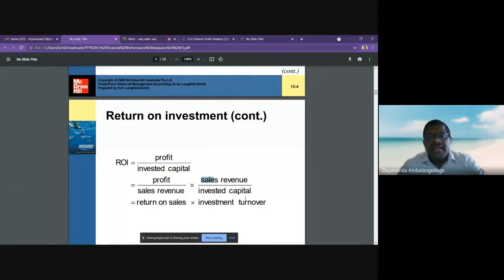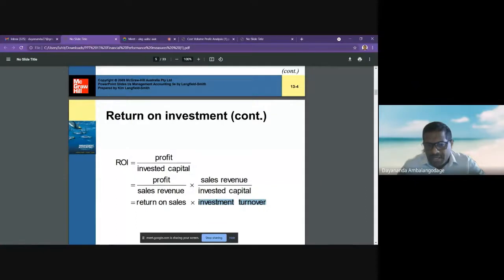On the other hand, this particular ratio is labeled as return on sales. Another name is profitability. This is investment turnover, that is the efficiency.